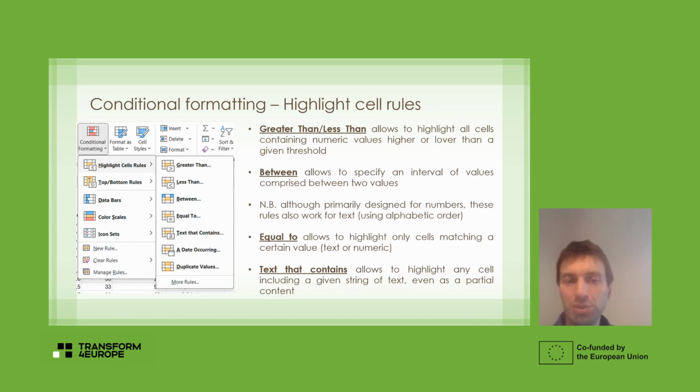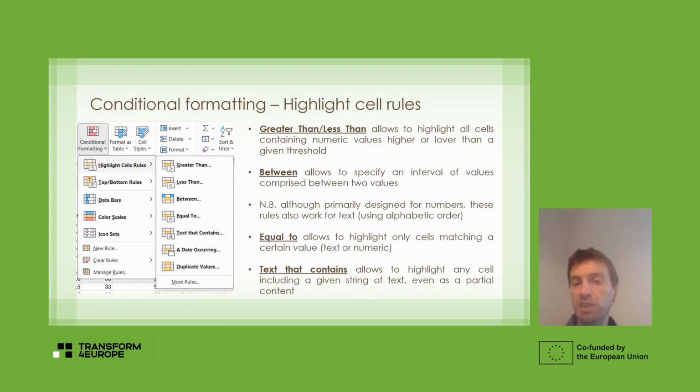There is also the option to select the between. Between allows you to select a range, okay, an interval between a maximum and a minimal value, okay? And in this case, you will be able to apply conditional formatting only to the cells that are included within this range. I told you that this applies to numbers, but potentially this might also apply to cells that include text values.